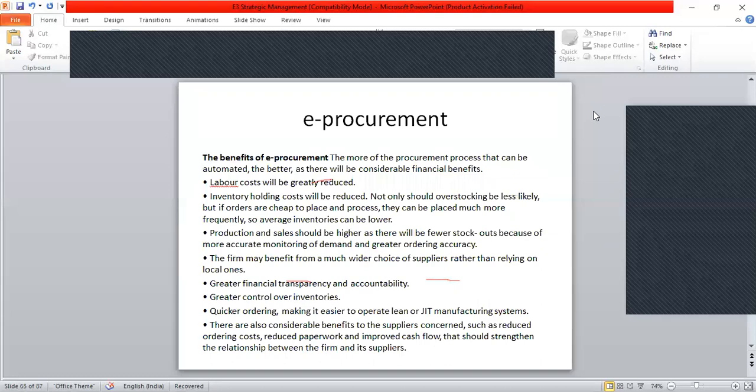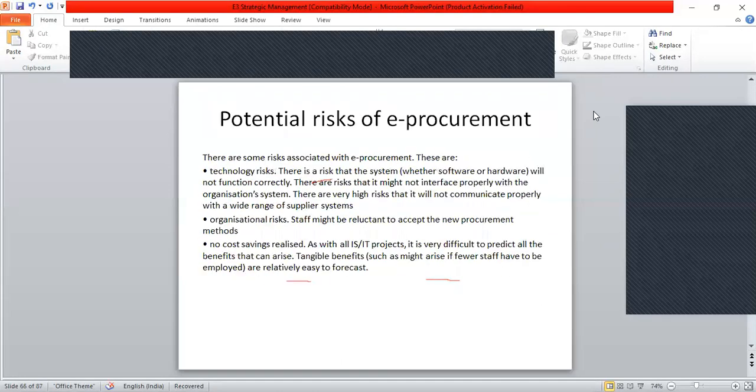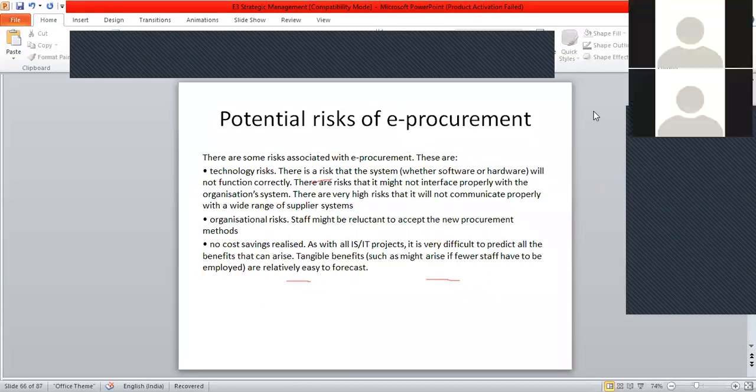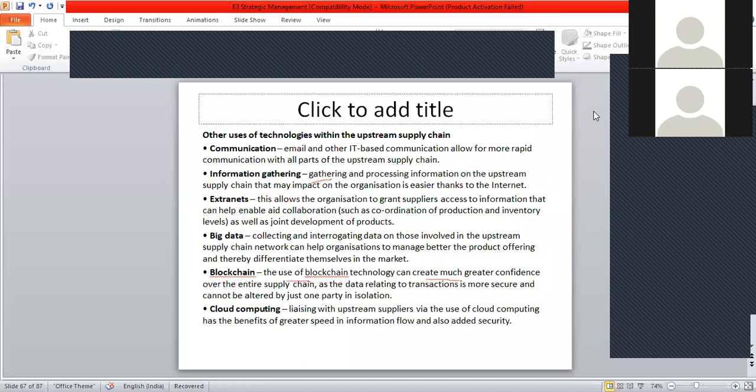Fine. Yesterday we discussed e-procurement, the benefits and the risks associated with it. What are the other technologies used within the upstream supply chain?